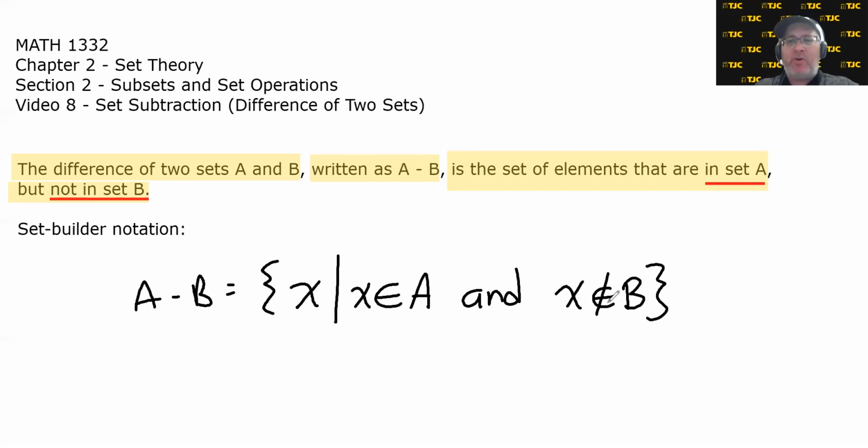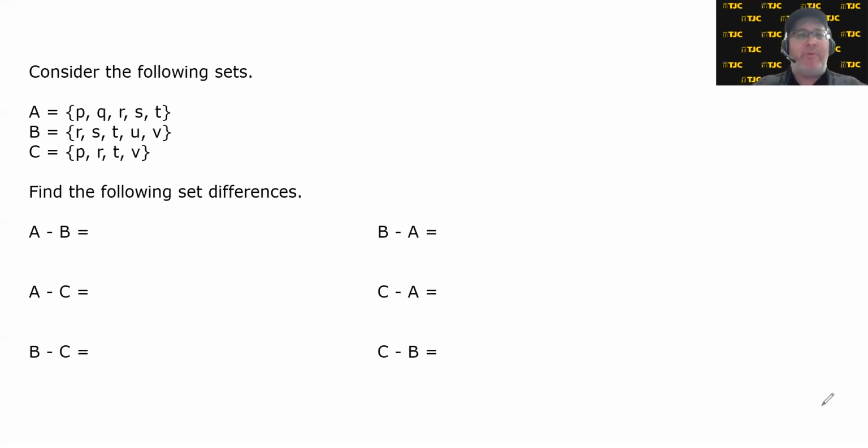We're just saying you belong to one thing and not the other. Well, you'll see the subtractive nature of set difference with the way I'm going to show you how to calculate them.